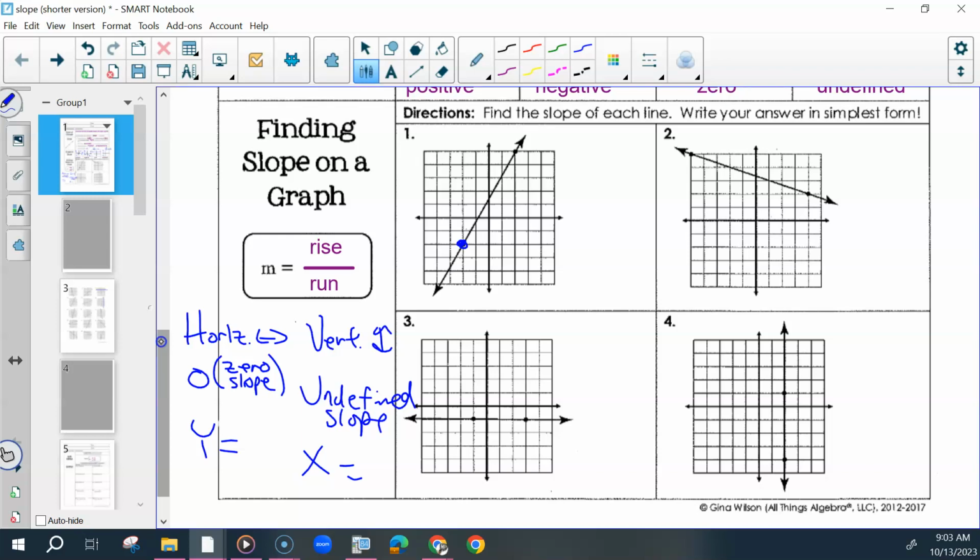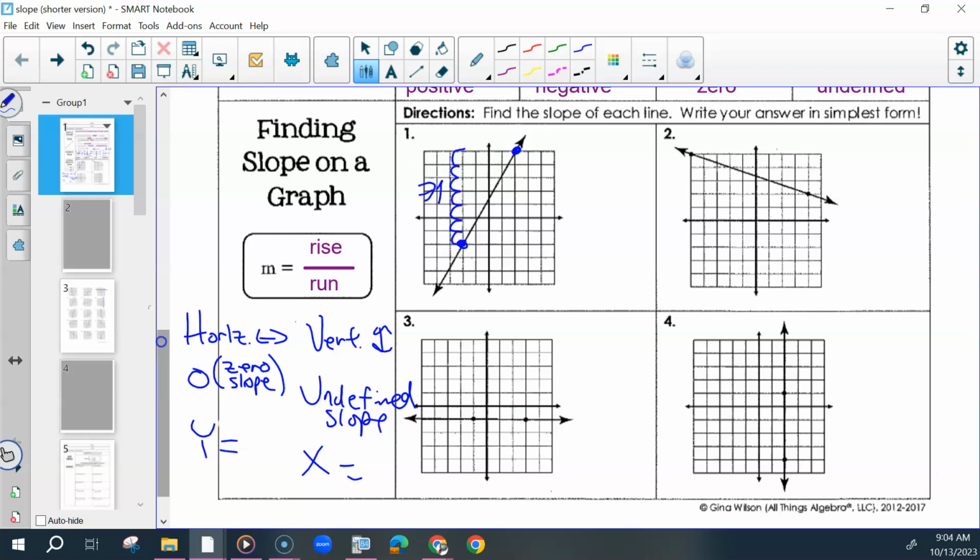All right, give me another one. Another ordered pair point that you see. You're close, it's 5. So now we have 2 different points. Now we're just going to count. Let's say we start at this point, we're going to count our rise first, how far we go straight up.